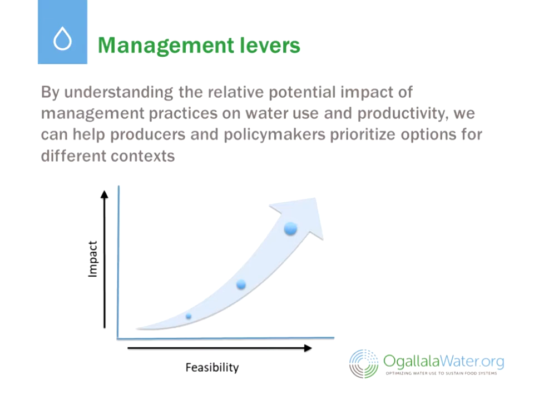But the reality is that the easier changes to make are often those that have smaller relative impacts. For example, adoption of irrigation scheduling tools has been really hard to increase, even though we think it could have relatively high impact. So how do we shift this balance between feasibility of adoption and impact on water use moving forward?